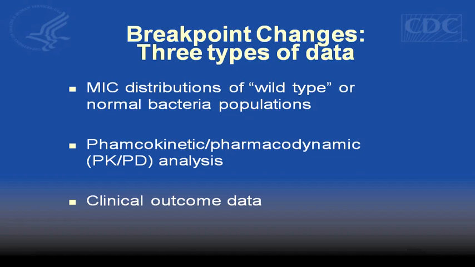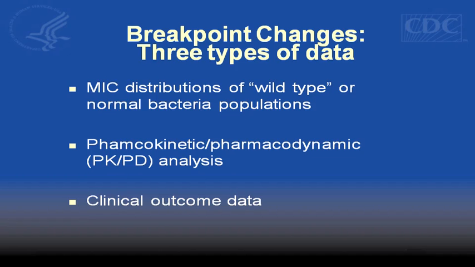The other is pharmacokinetic and pharmacodynamic data, an analysis where you're modeling what the level of drug in the patient would be, and whether that would be high enough to treat an infection. And then we also look at clinical outcome data, which is whether or not the drug was effective in treating an infection at different MICs.